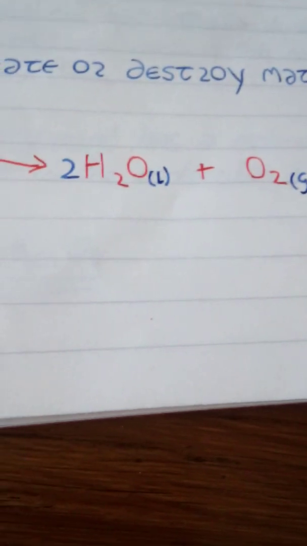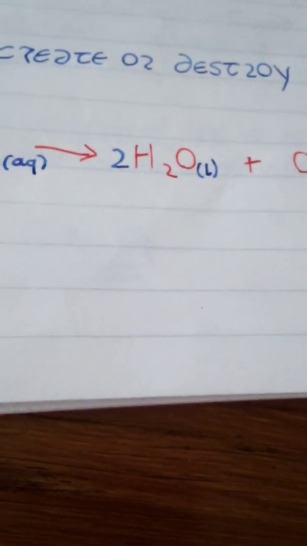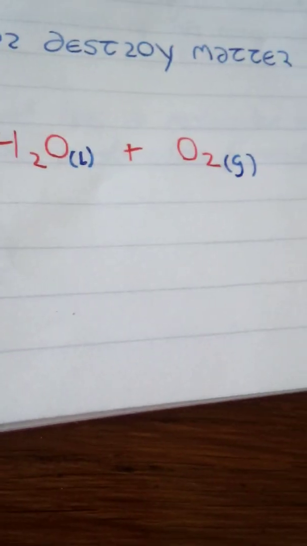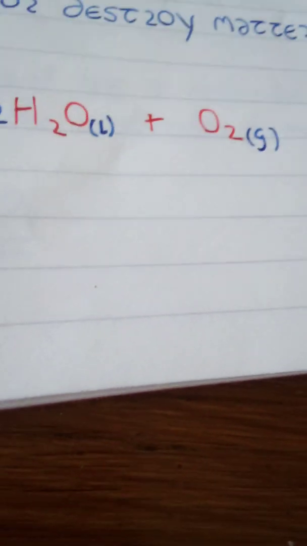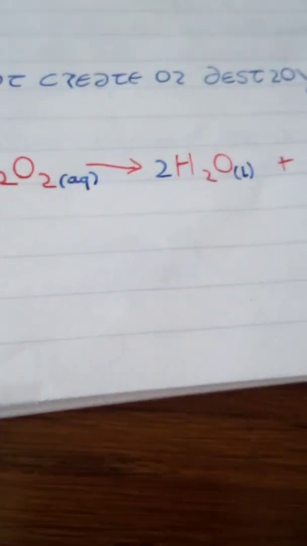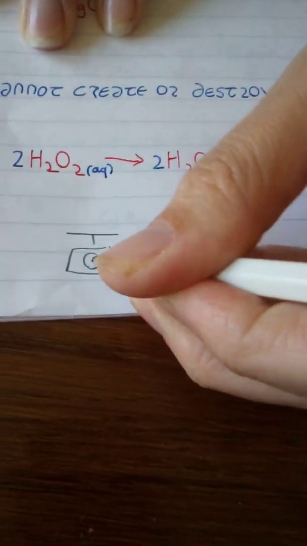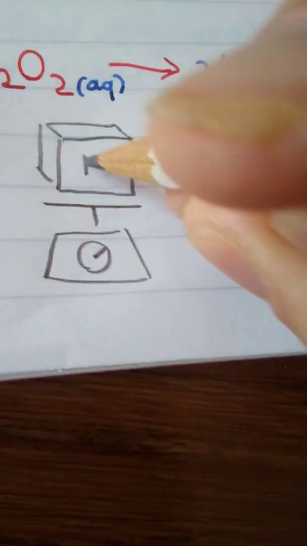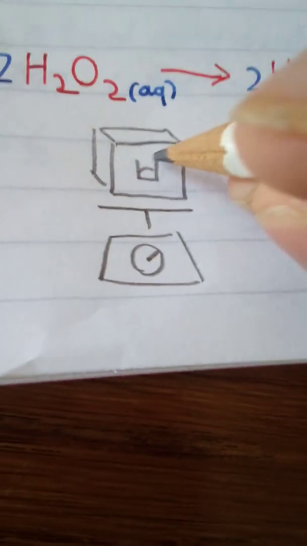Okay, we can't create or destroy matter. If we were to do this in a closed system, we put it in a box, yeah? We put the peroxide on top of the weighing scale. So here's the weighing scale there. It tells me what the mass is, and it's inside a sealed box. Okay? Nothing can get in or out. A little beaker there with my hydrogen peroxide in there.